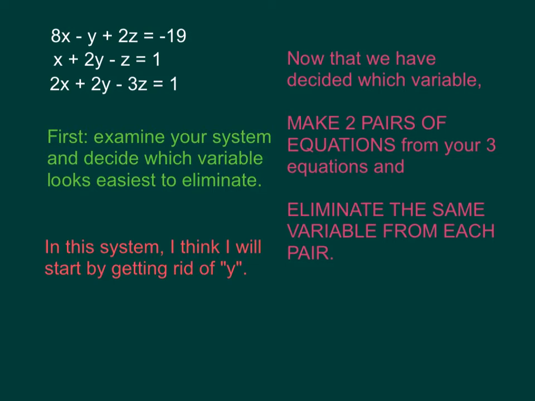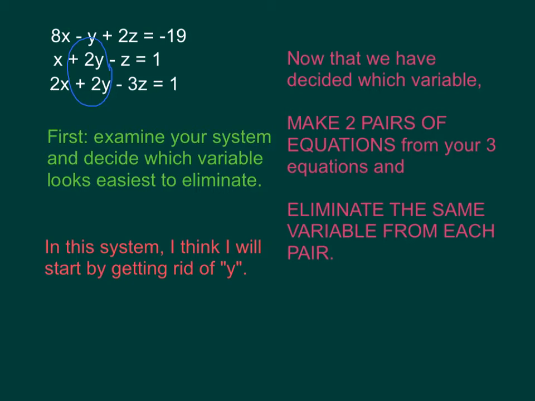Now that we've decided which variable we're going to eliminate, in this case, the y, you have 2 tasks ahead of you. One is to make 2 pairs of equations out of your 3 equations, and 2, eliminate the same variable from each pair. That same variable is the y that you've decided to eliminate.